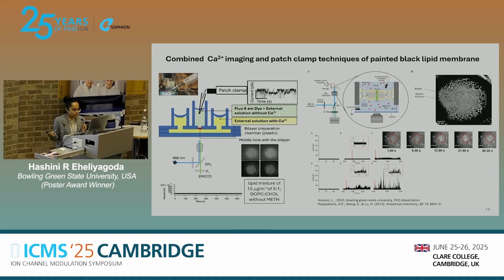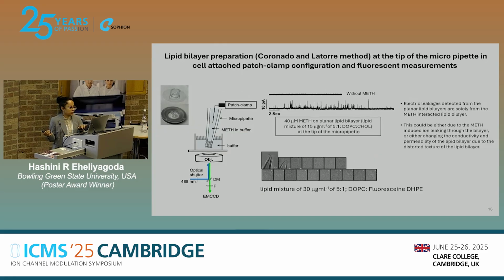The calcium permeability is also high, the electric activity is also high, and this is another method. Here also we observed that small molecules leak through the pure lipid membrane. So we can directly say that these conductivity and permeability changes occur because of the distorted texture of the lipid bilayer.